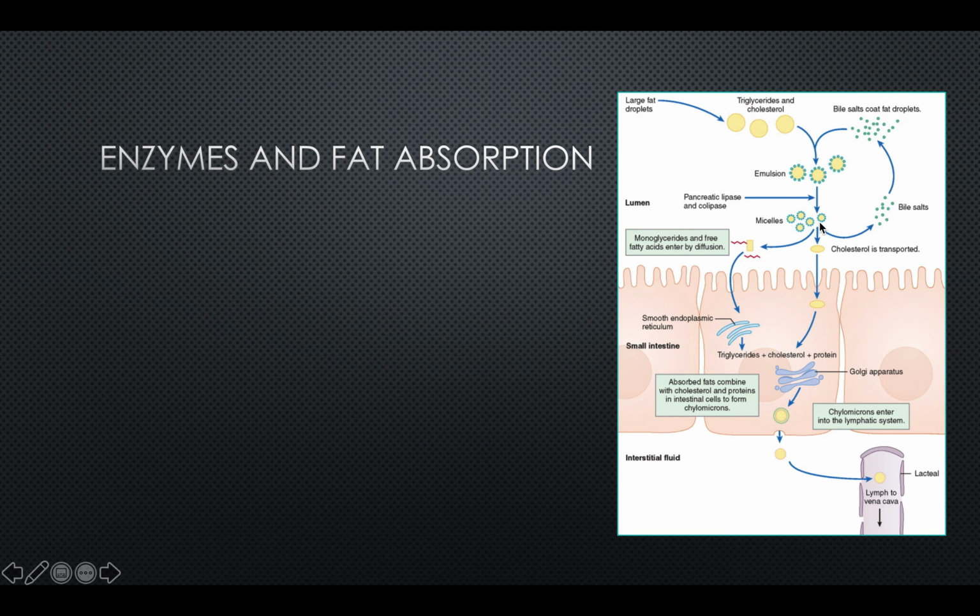These micelles will then transfer through the apical membrane of the small intestine, where they will go to the smooth ER to be packaged with triglycerides, cholesterol, and proteins. From there, they combine with cholesterol, and the Golgi will package these into chylomicrons that then enter lacteals and thus enter into the lymphatic system.